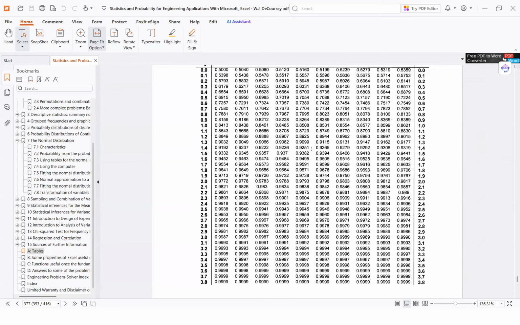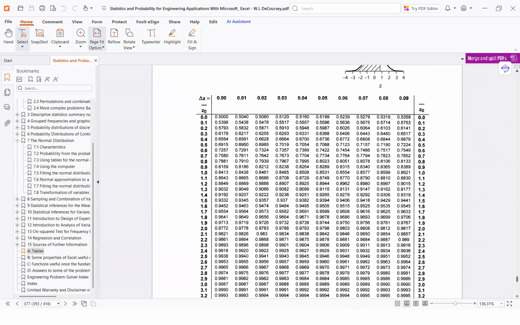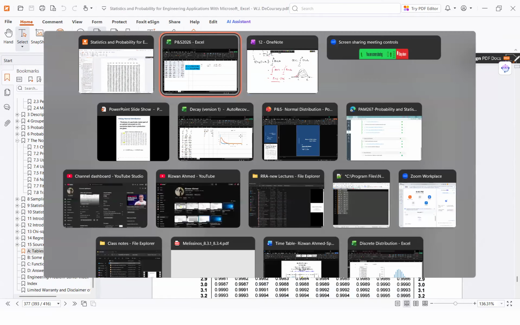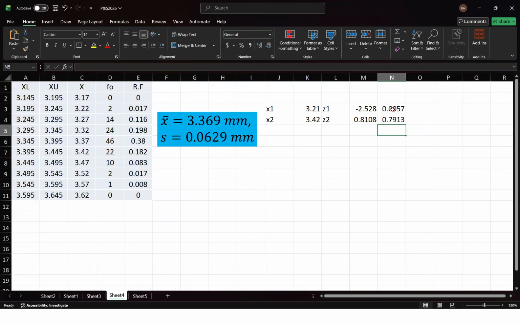Okay, so here it is. I can see a value. So 0.8 and 1. So over here, it is 0.7910. So we have got these values.